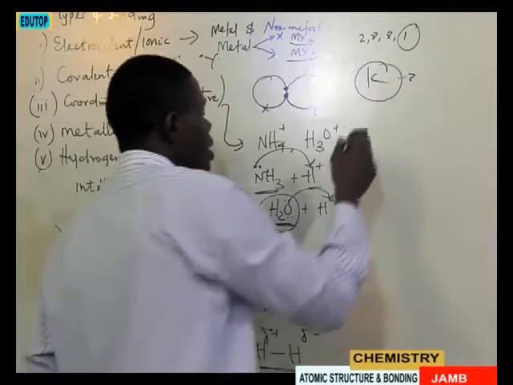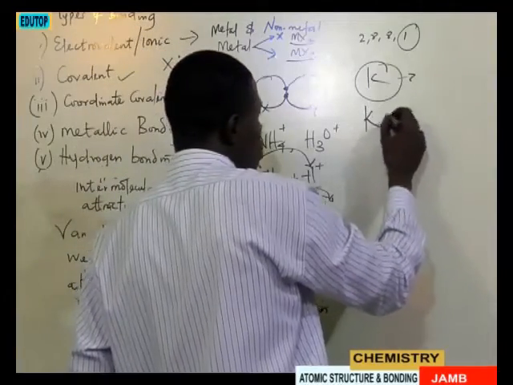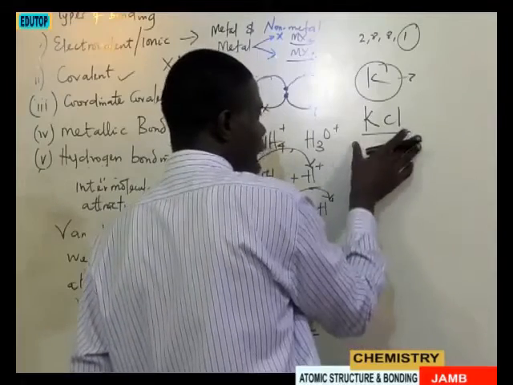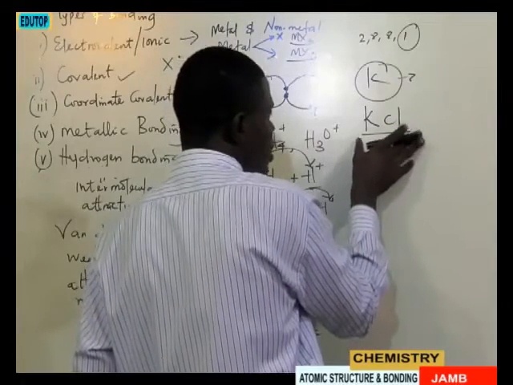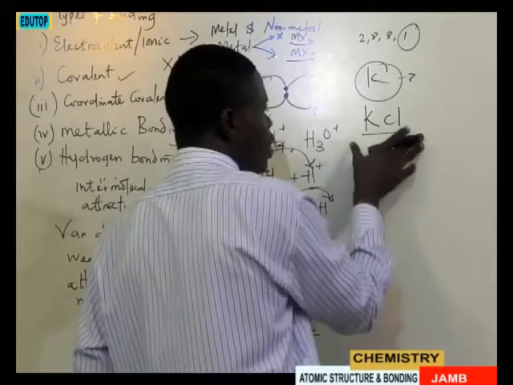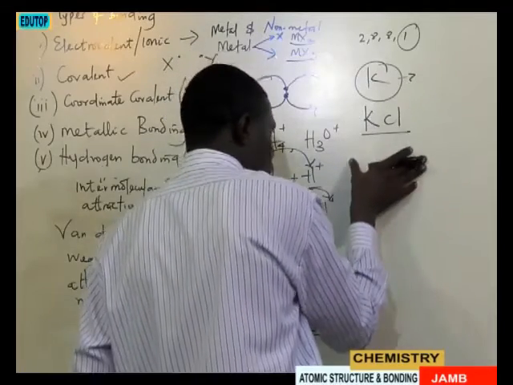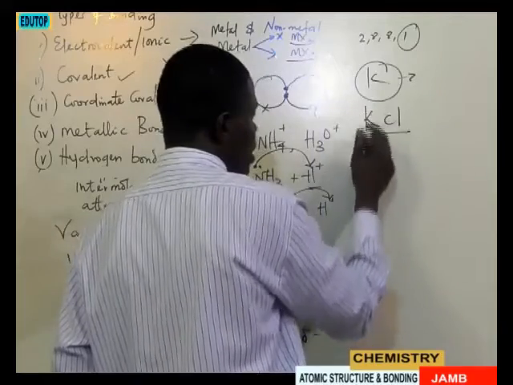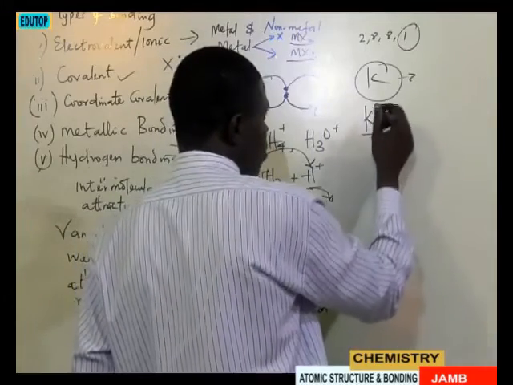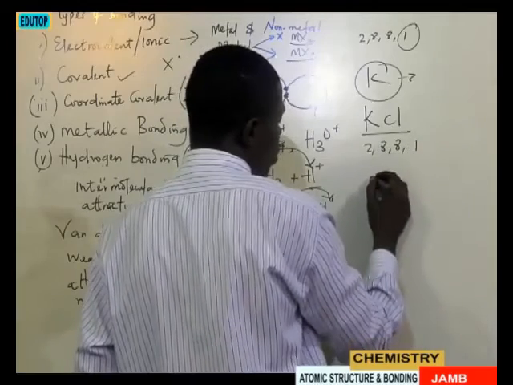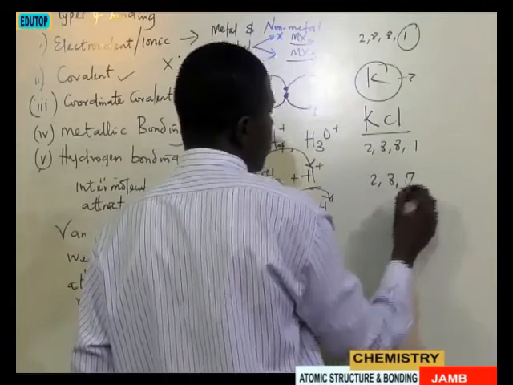So if you have potassium with any other non-metal, and they ask what kind of bonding this compound is undergoing, it should definitely be an electrovalent bonding, simply because in the case of potassium, it is 2,8,8,1, and chlorine is 2,8,7.